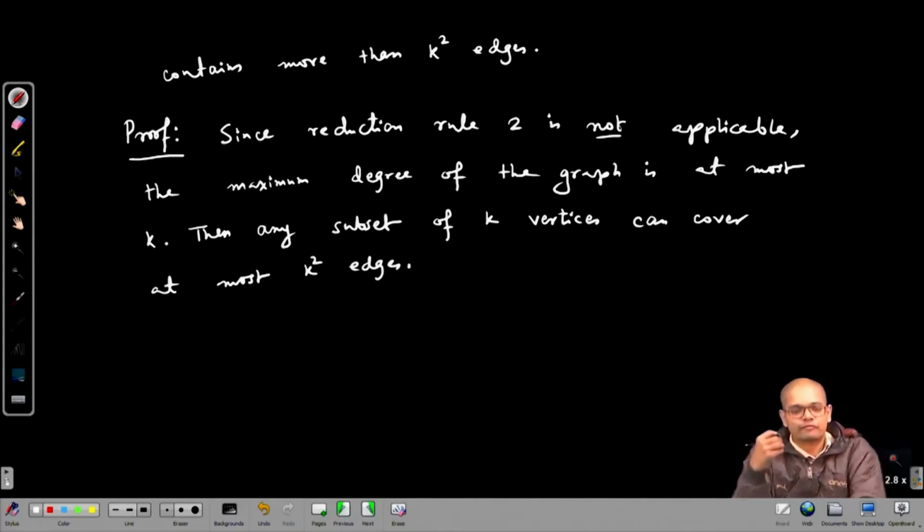Hence, if the graph has more than k square edges, then it must be a no instance, which concludes the proof.